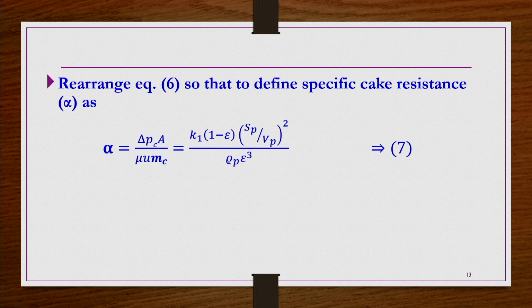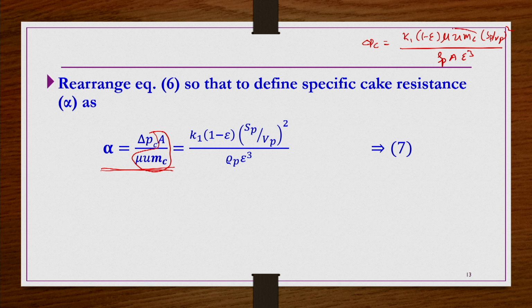If you rearrange equation number 6, delta Pc is equal to K1 (1 minus epsilon) (Sp by Vp) whole square divided by rho p epsilon cube, multiplied by mu u mc, divided by A. Rewriting equation 6, delta Pc is equal to K1 (1 minus epsilon) mu u mc (Sp by Vp) whole square divided by rho p A epsilon cube.